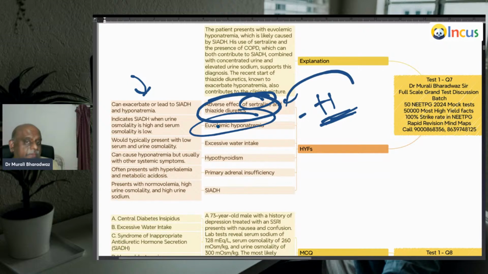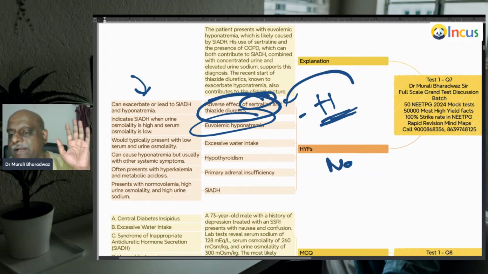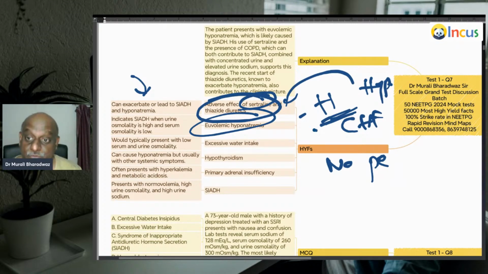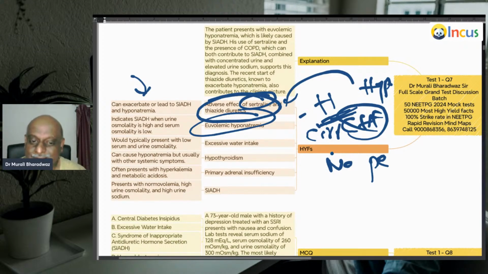The hyponatremia of SIADH is euvolemic hyponatremia: no pedal edema, no congestive heart failure, no hypothyroidism, no cirrhosis of liver, with a normal liver, normal lung, normal heart, normal thyroid.